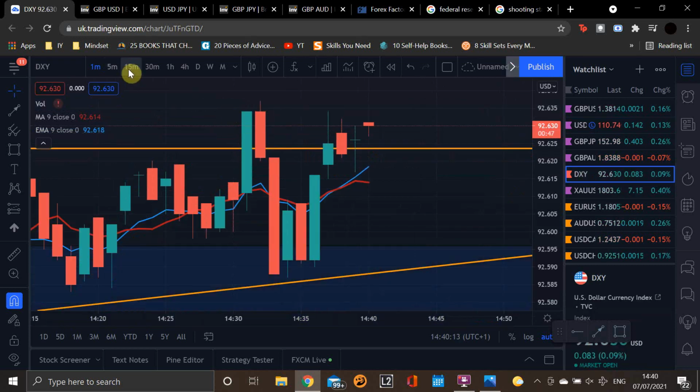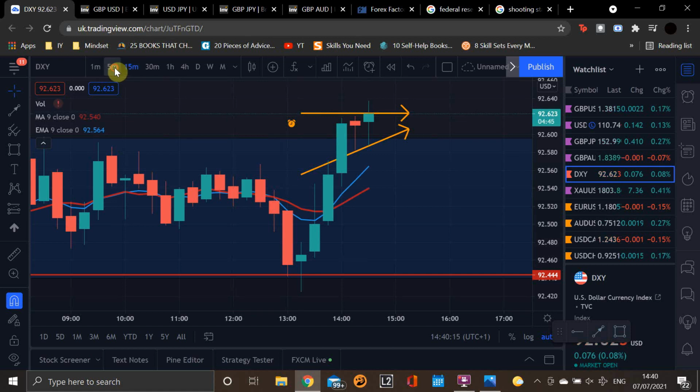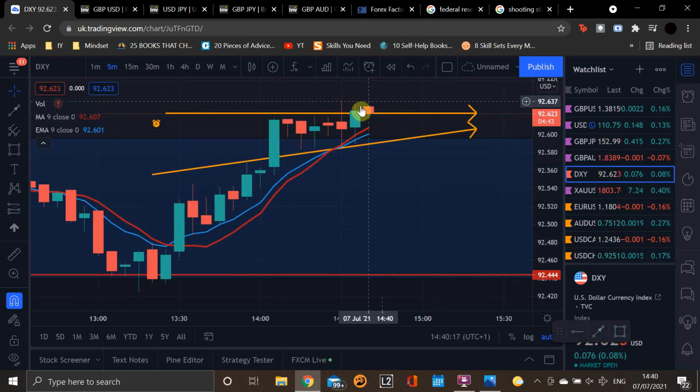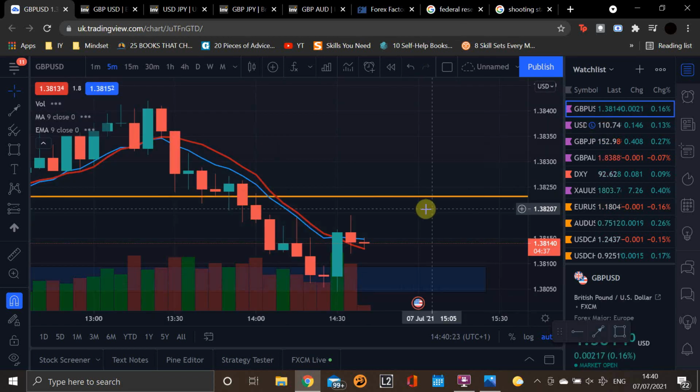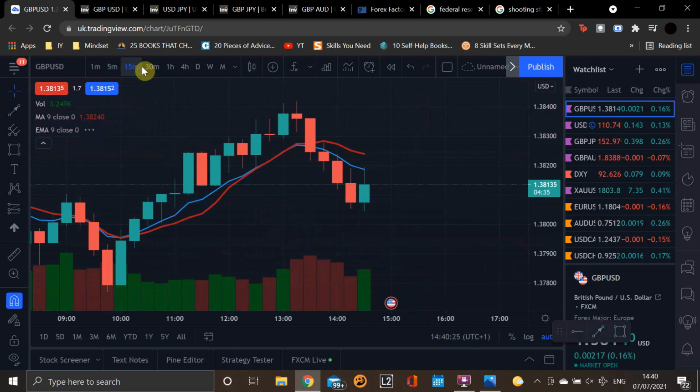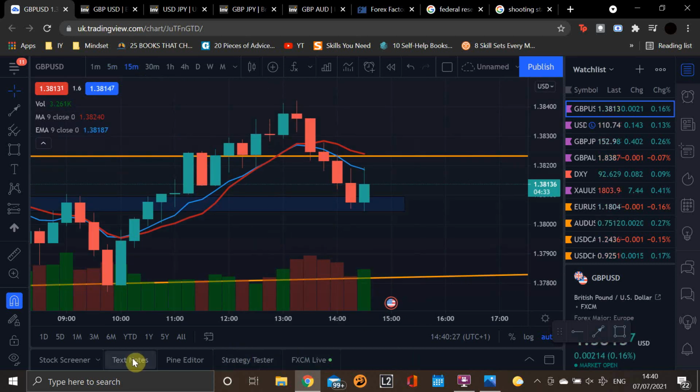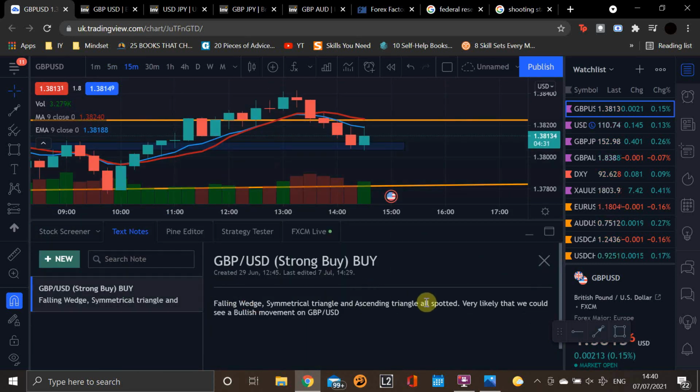See what's going on with DXY. Breaking out a little bit. GBP USD, let's look at GBP USD. All the notes for the wedge, symmetrical triangle, ascending triangle, all spotted very light. We can see bullish movement. Yep.